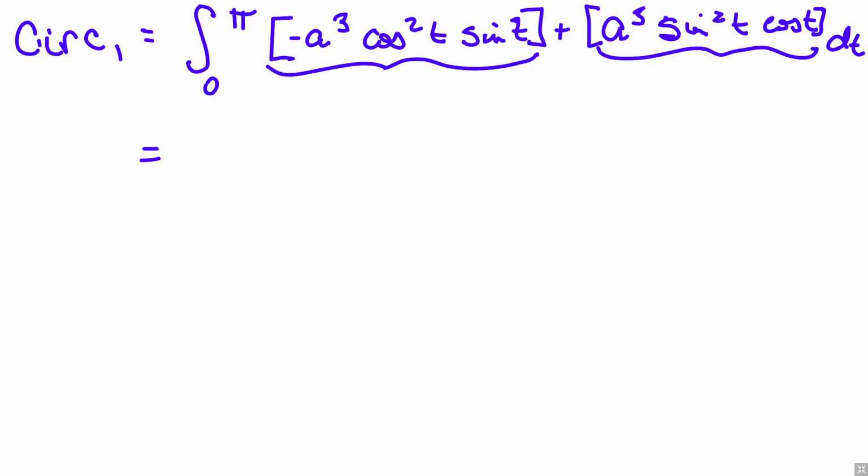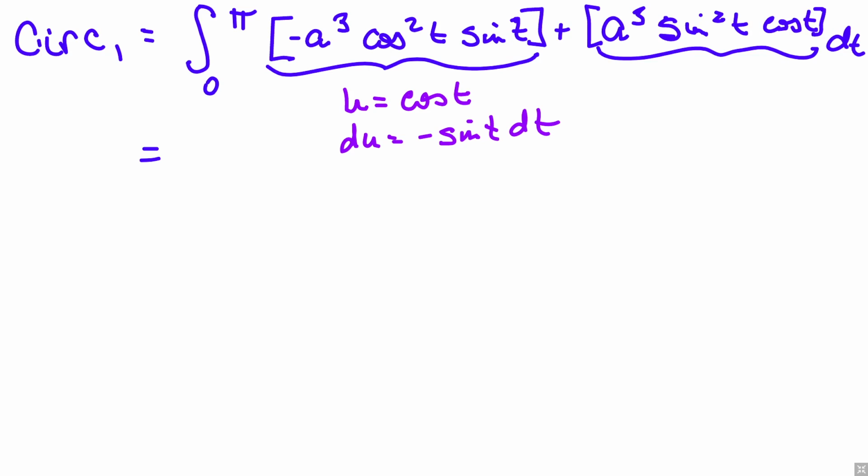For the first piece, it's going to be a u-substitution, so we let u be the cosine of t. So du would be negative sine t dt.